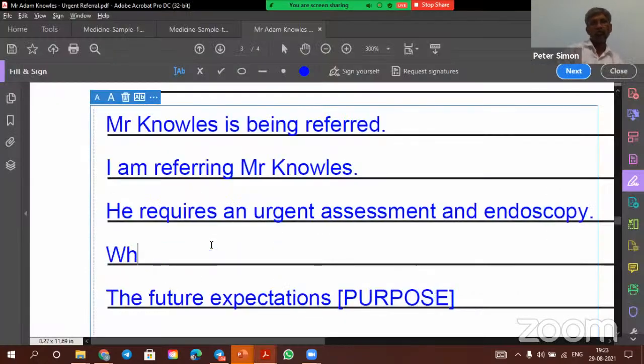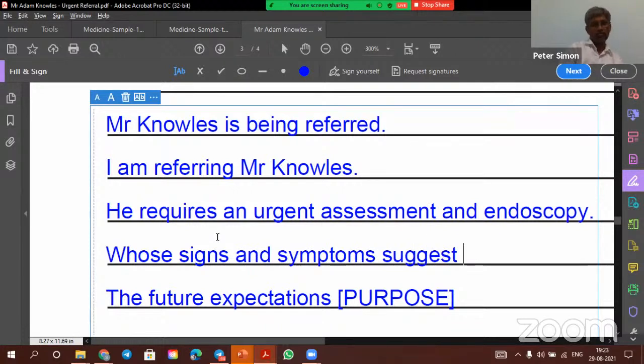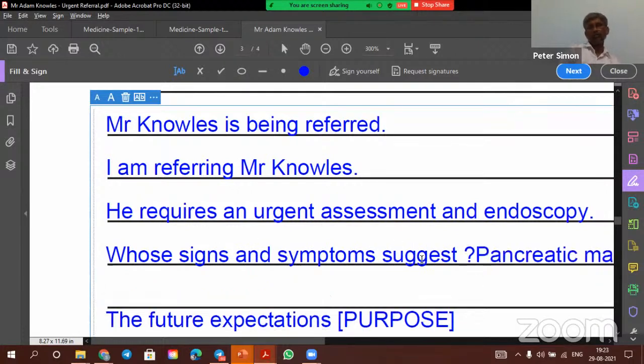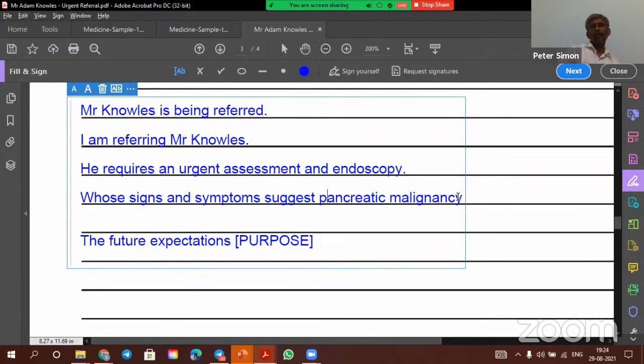So, whose signs and symptoms suggest pancreatic malignancy. Pancreatic malignancy. Why you brought? Tomorrow we could have taken pancreatic malignancy. Don't go unless. Wait, please. Pancreatic malignancy. Okay. So this is dot.